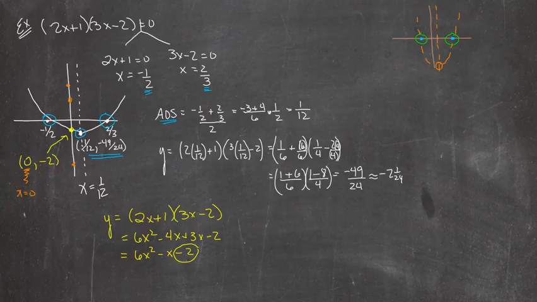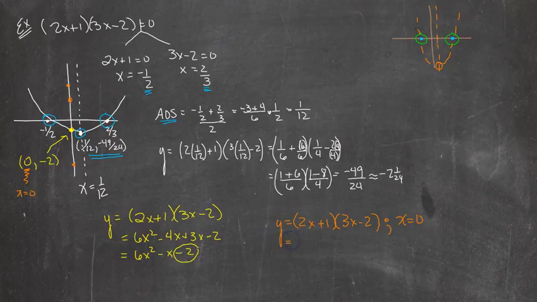So I can go back to the beginning, and I can use that. I can start up here, y equals 2x plus 1 times 3x minus 2. I can choose to let x equals 0, to find out when x equals 0, what is y? When x equals 0, y is always the y-intercept.